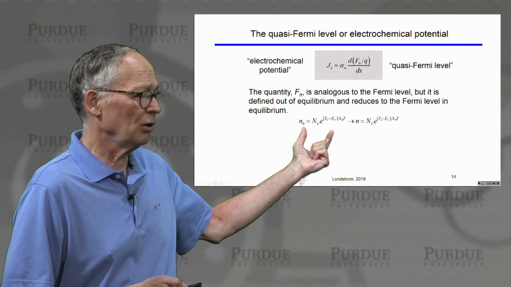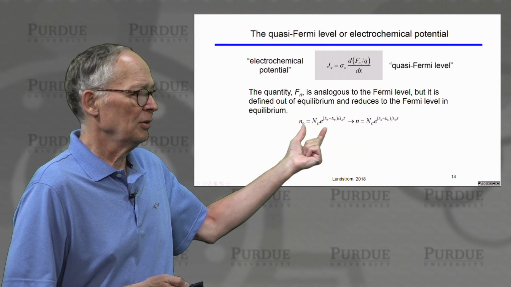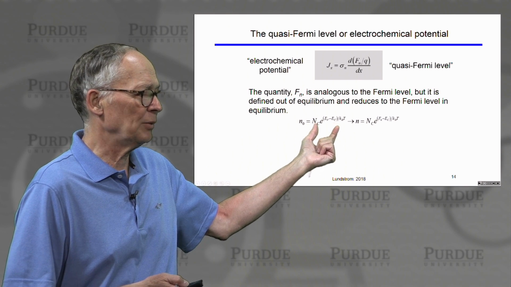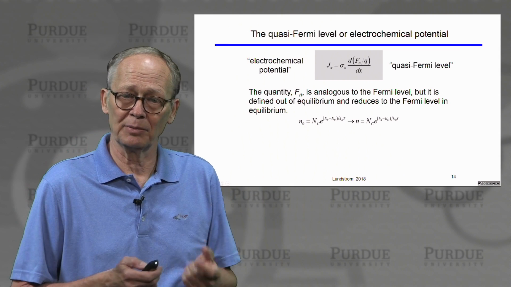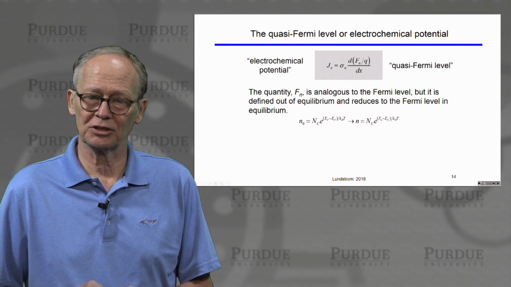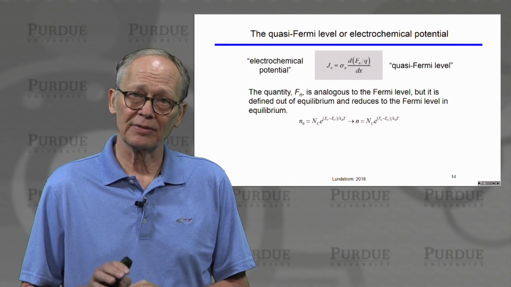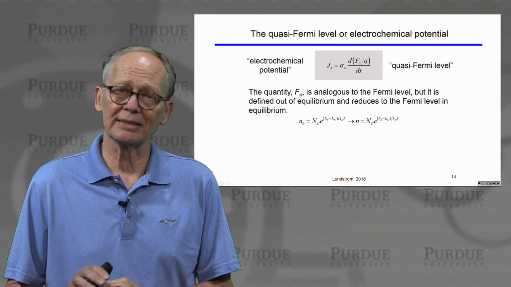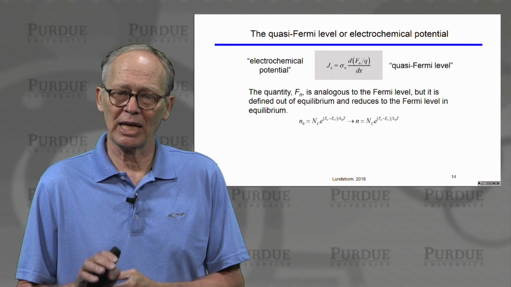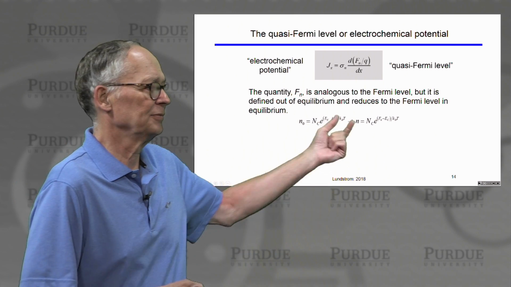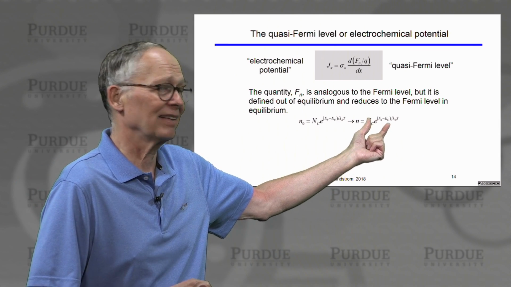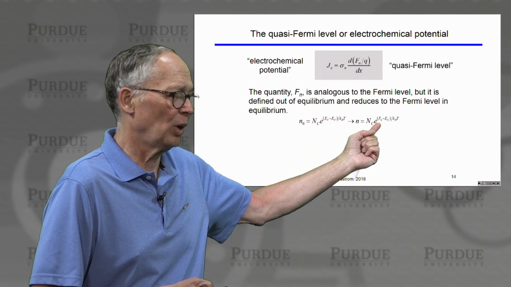Now, you'll recall that the Fermi level was used to relate the equilibrium carrier concentration to the location of the Fermi level with respect to the bottom of the conduction band. If I have electrons in a device under bias, I will be out of equilibrium. The way I would relate the electron concentration to the Fermi level is to put in a quasi-Fermi level.